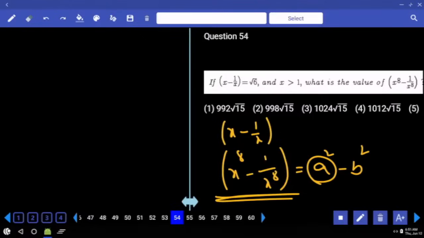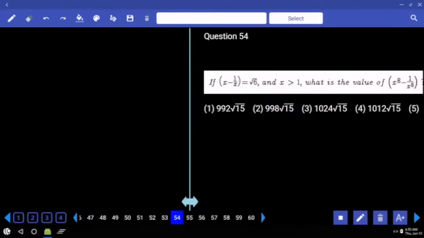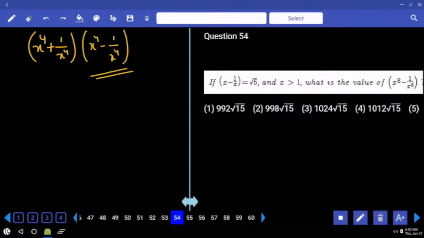So let's convert into a plus b into a minus b form. That becomes x power 4 plus 1 by x power 4 into x power 4 minus 1 by x power 4. Again, this can be written as a square minus b square, where a value is x square and b value is 1 by x square.